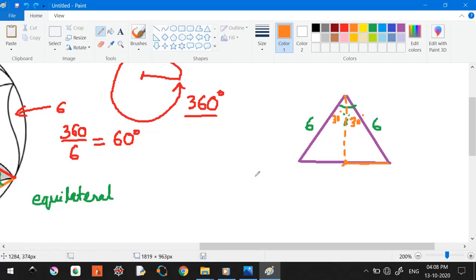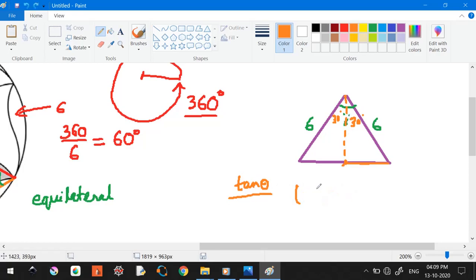I'm not sure whether you will be able to understand that, since we need tan theta and all here. If you know this, the process is easy. If you take tan 30... sorry, not tan.